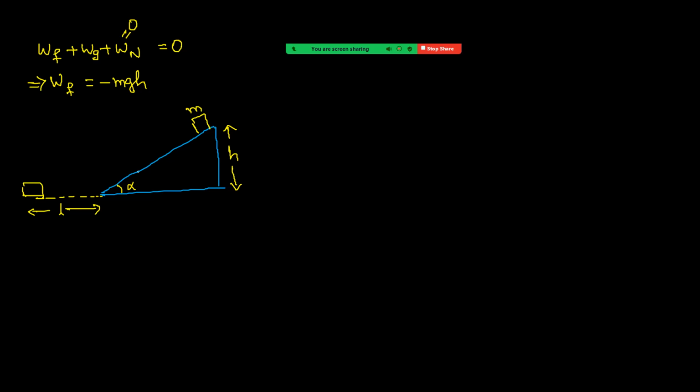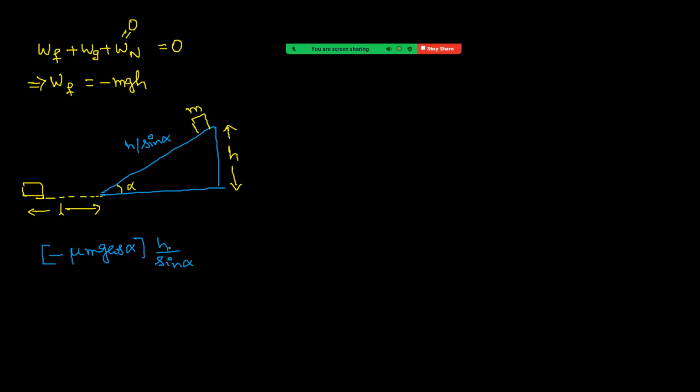The displacement will be, if the height is h, h by sine alpha, because this is the hypotenuse. Then the work done by frictional force is minus mu, the normal reaction is mg cos alpha, this is the kinetic friction, into the displacement, h by sine alpha.